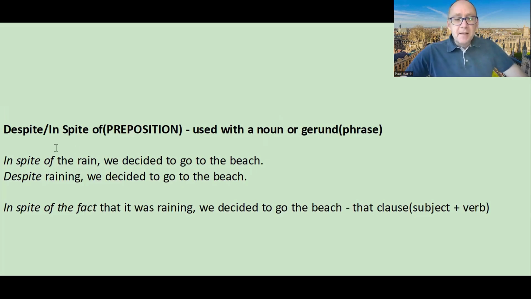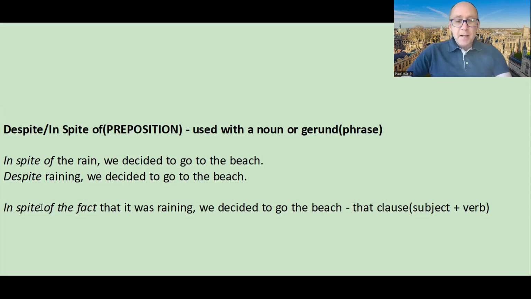So you can see here how there are slightly different structures between although, which requires a verb clause, and these words here, which only need either, for example, a noun or a gerund. In spite of, we could also use with the fact.